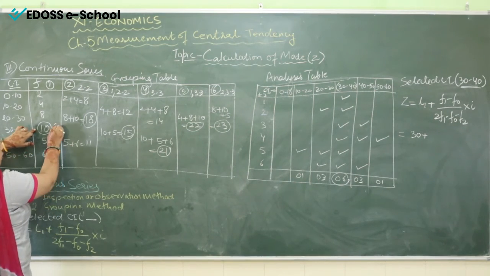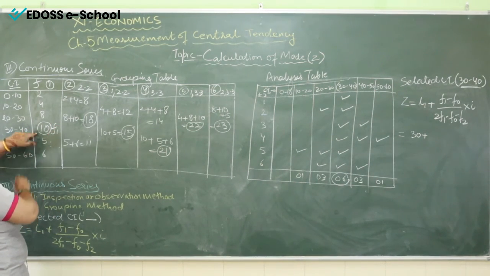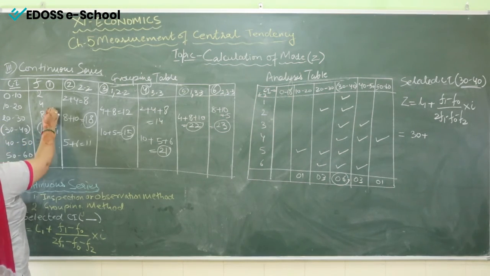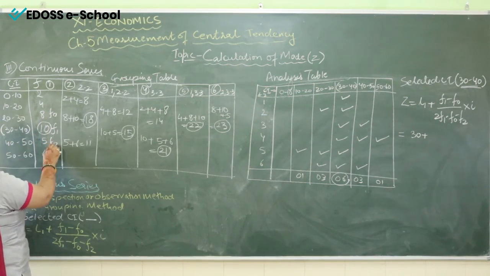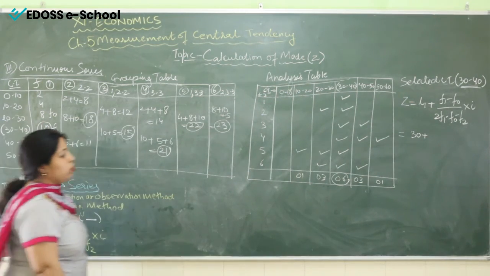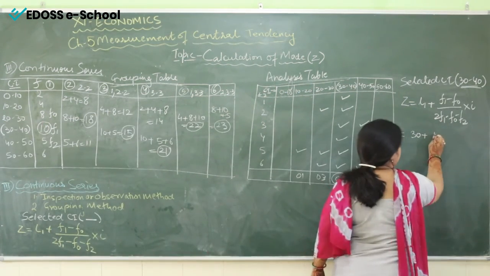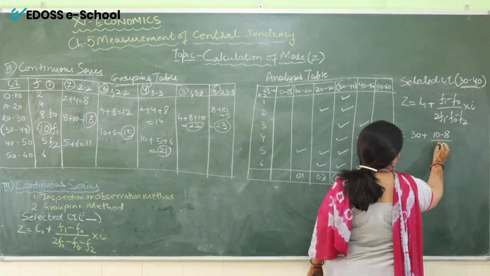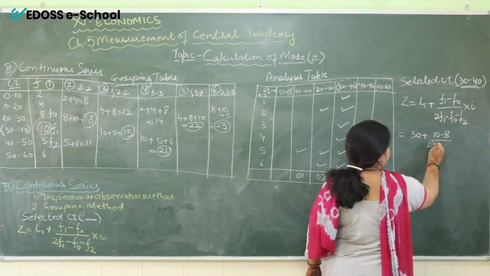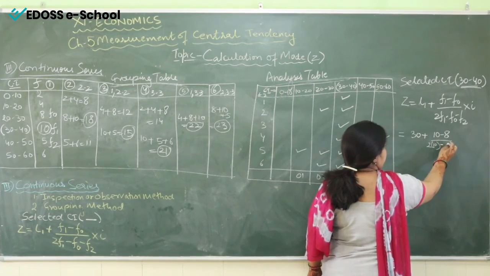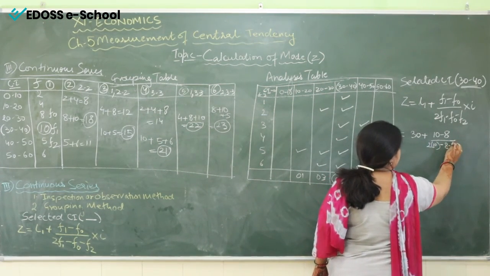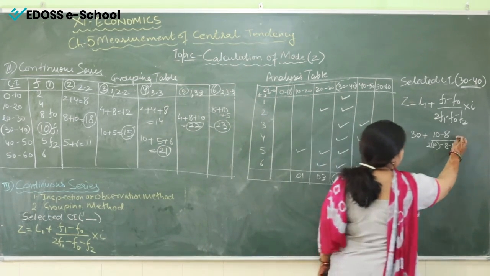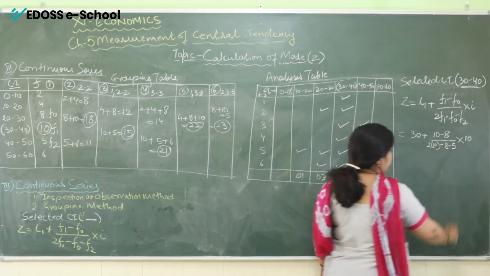This is F1, the selected CI. उसके सामने जो frequency होगी F1, ऊपर वाली F0, नीचे वाली F2. So, F1 is 10, F0 is 8, and F2 is 5. 2 F1, 2 into 10, minus F0 is 8, minus F2 is 5. And I is L2 minus L1, that is 10.